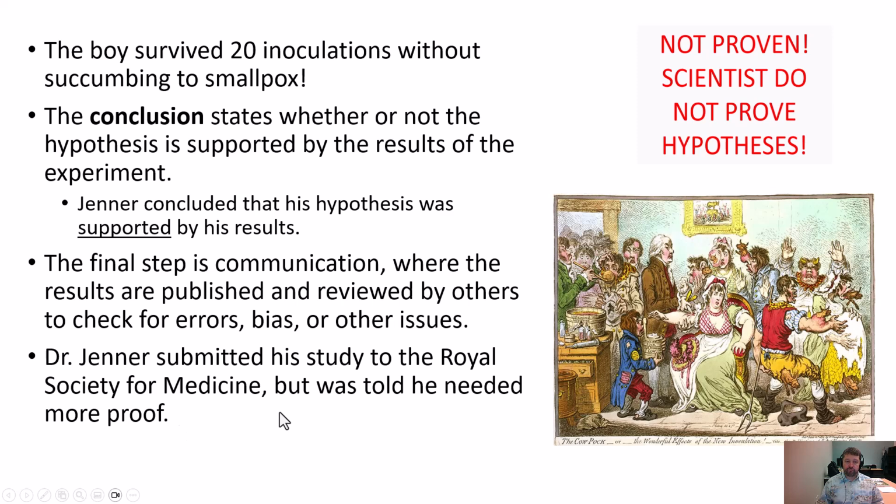Jenner's research was leaked out to newspapers, and especially in the 1800s, one of the greatest things to do was look at the comics, because the comics were where you're going to see what people thought of your research, or what people thought of your ideas.